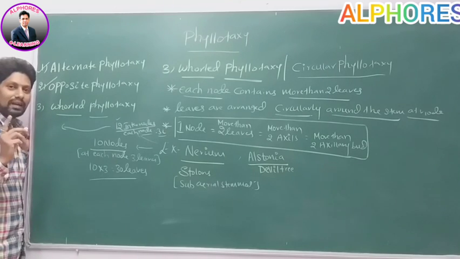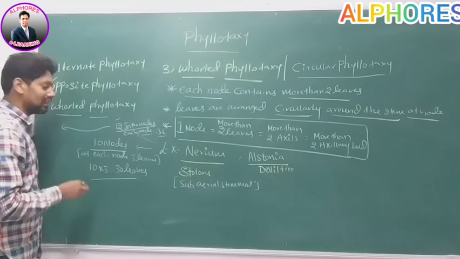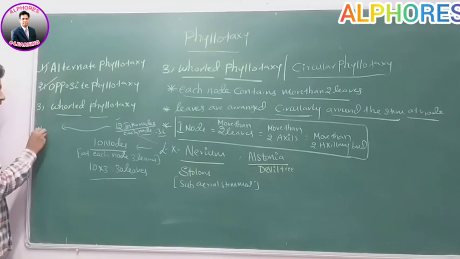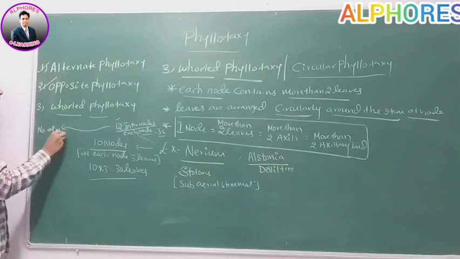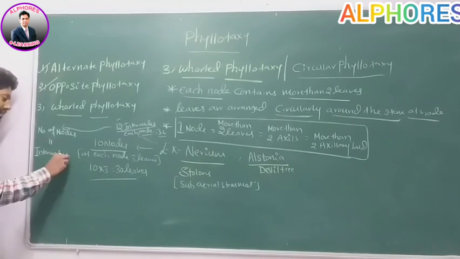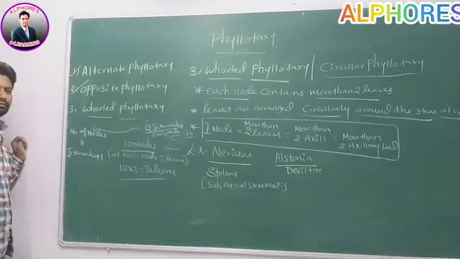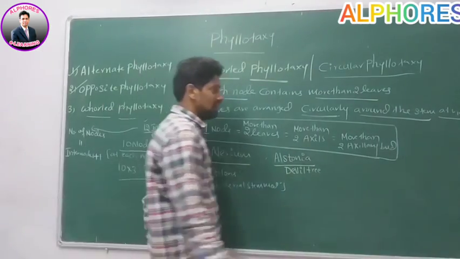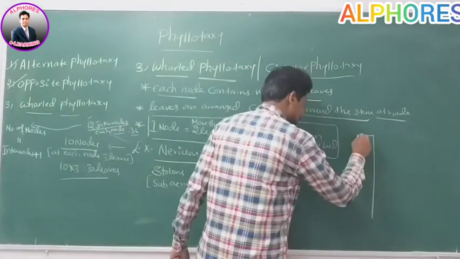First you calculate the number of nodes. How can you calculate the number of nodes? We know that the number of nodes is equal to the number of internodes plus 1. Yes or no? Once you see this diagram, this is a stem.